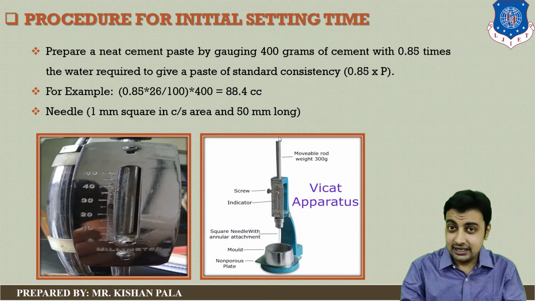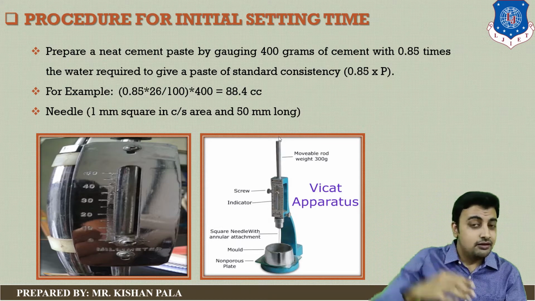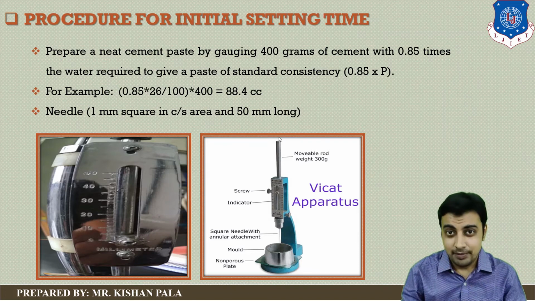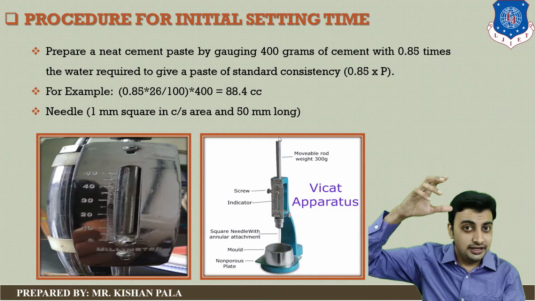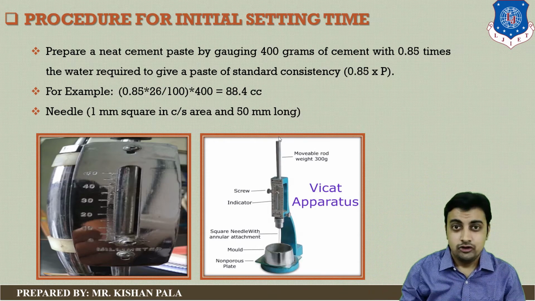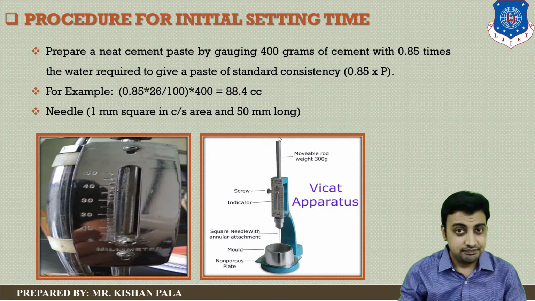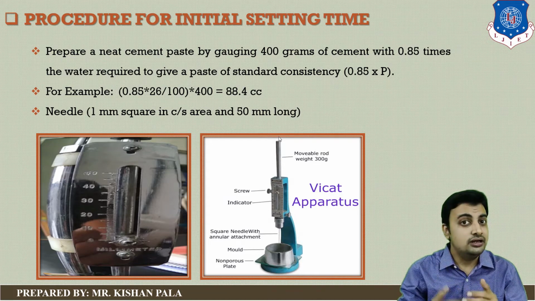So at the starting time, when you allow the needle, there may be a zero reading on your apparatus, and after some time you may get 2 mm or 3 mm, but we have to reach a reading of 5 mm to 7 mm. This is the main criterion of this test. If you do not achieve this reading, you have to do other trials.